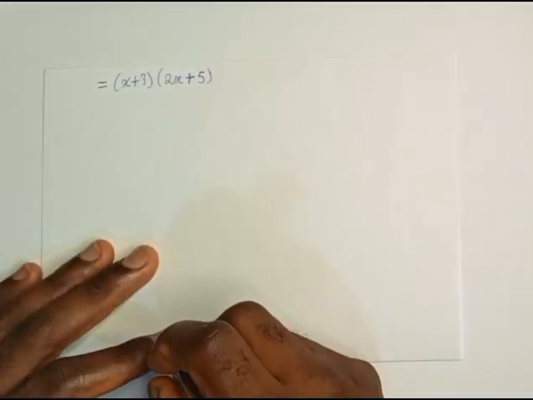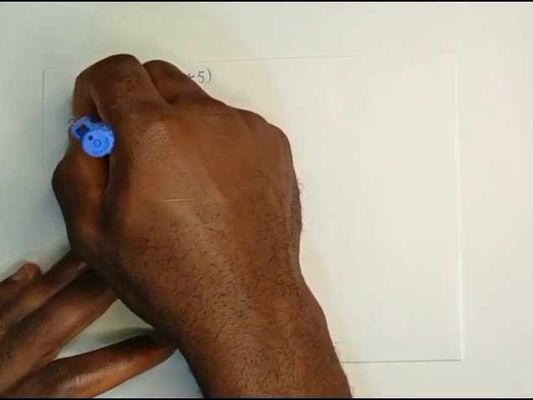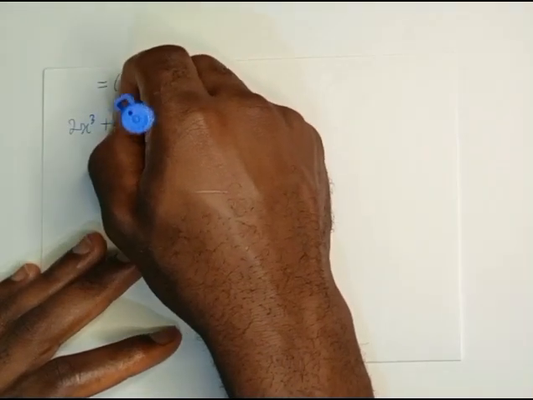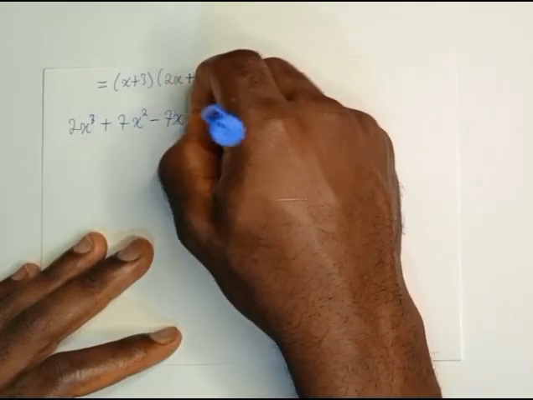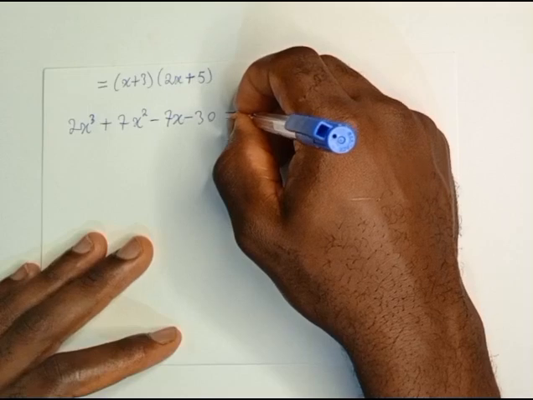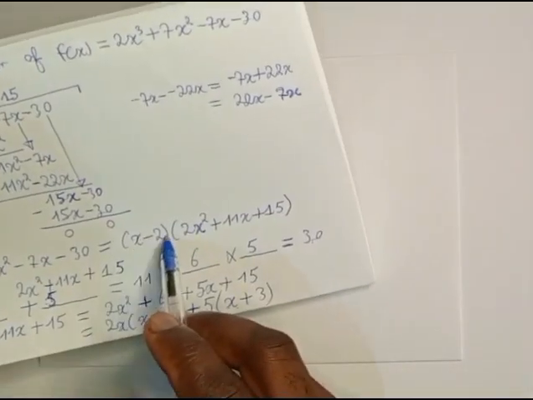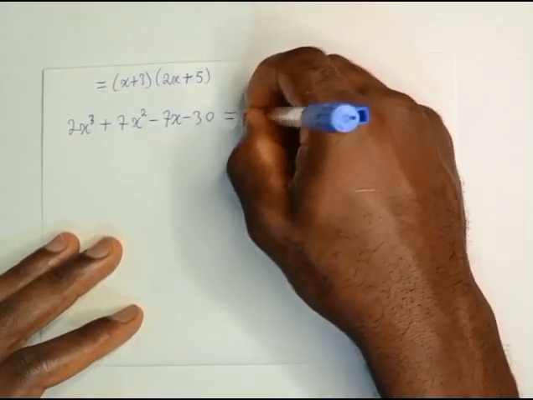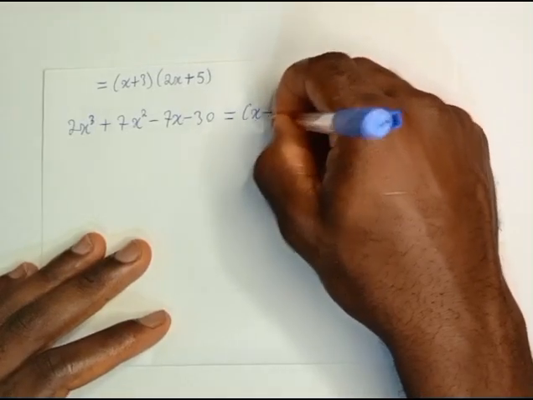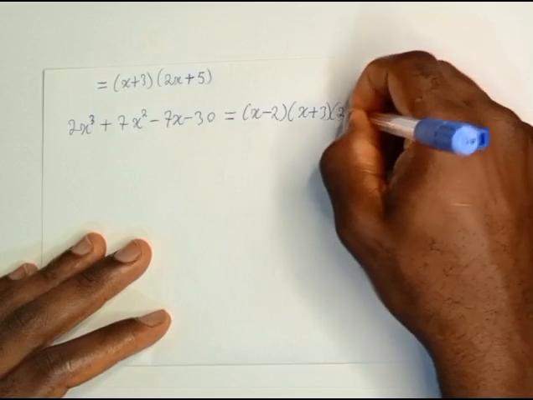So it simply means the polynomial 2x cubed plus 7x squared minus 7x minus 30, as a product of its linear factors, will simply be equal to x minus 2 times x plus 3 times 2x plus 5.